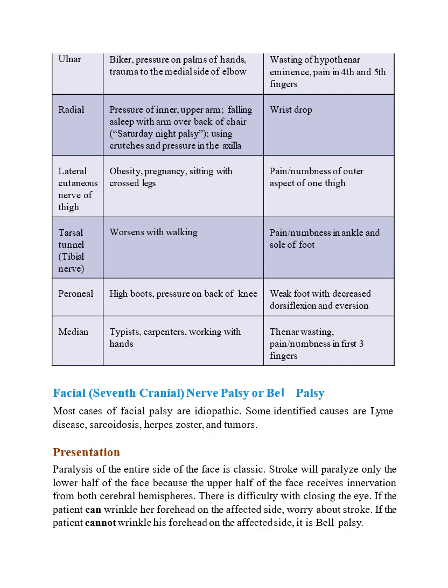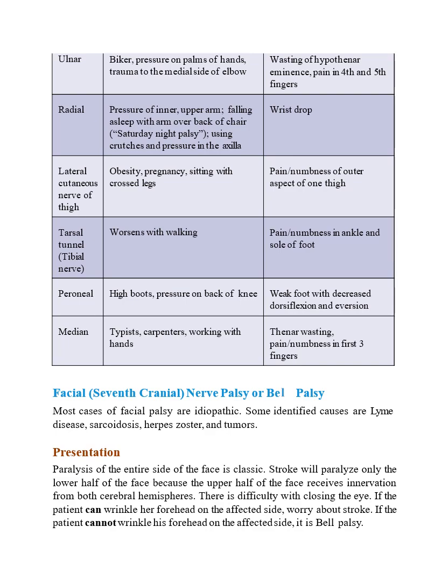Let's discuss here the end of this slide, so-called facial or 7th cranial nerve palsy, or Bell's palsy. The most common cause for facial palsy is idiopathic. Some identified causes are Lyme disease, sarcoidosis, herpes zoster, and tumors.